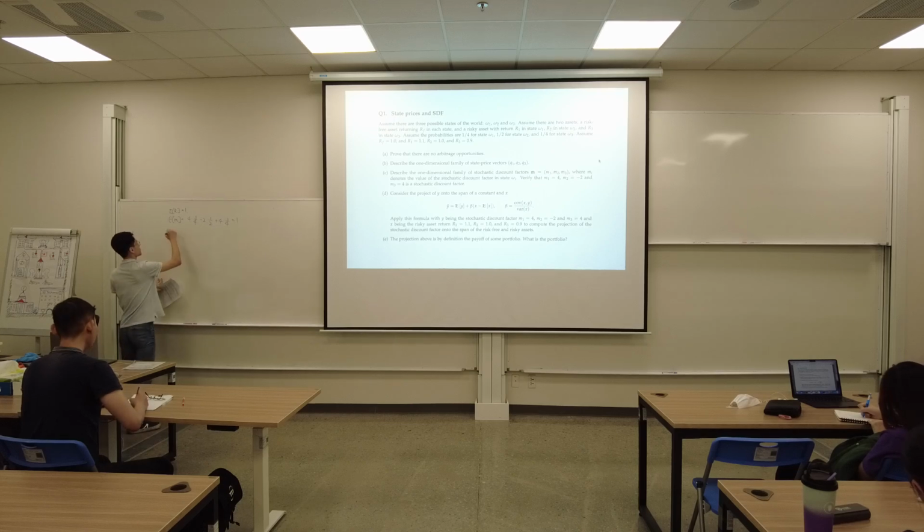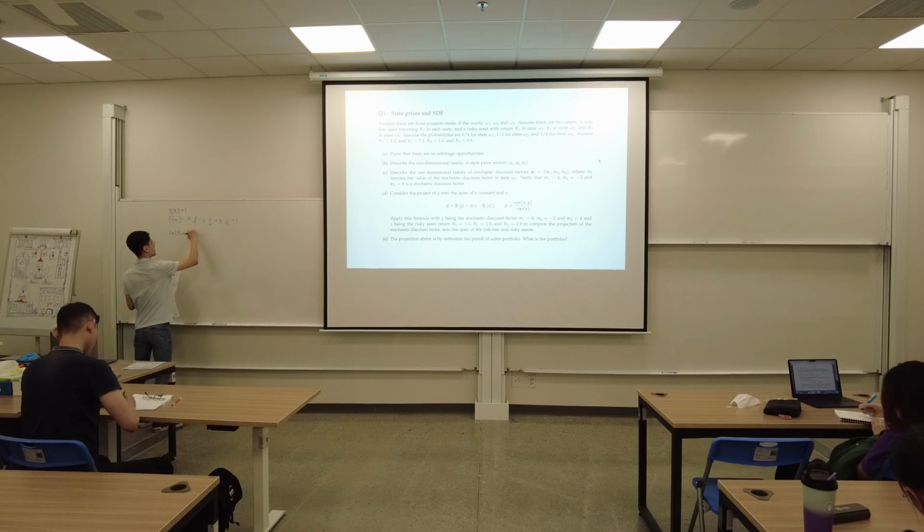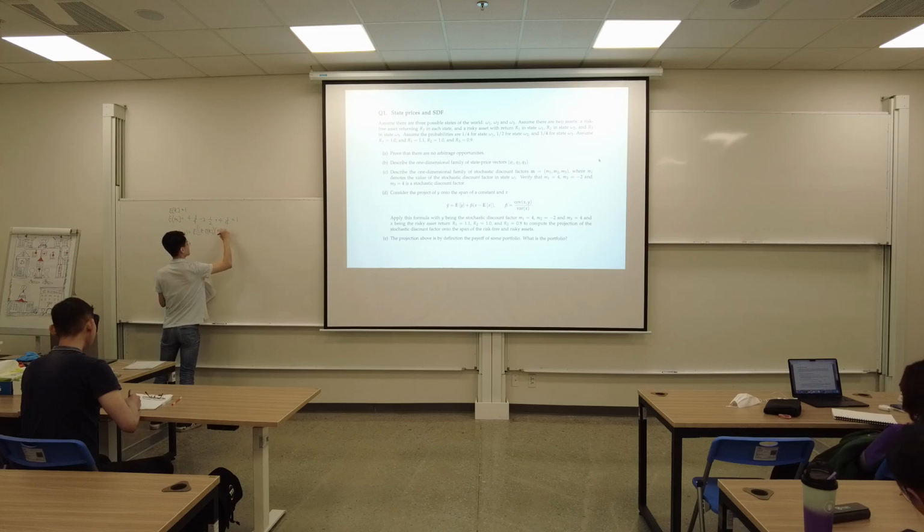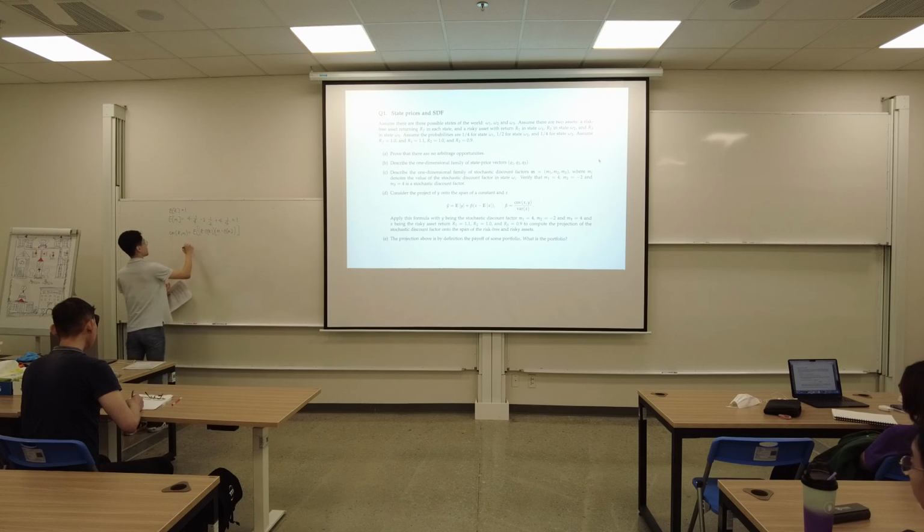The beta is covariance over variance, so we find the covariance first. What is the definition of covariance? Covariance is the expectation of R minus expectation of R times M minus expectation of M, right? And there are 3 possibilities.